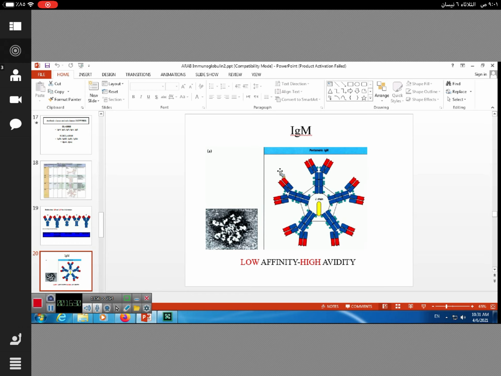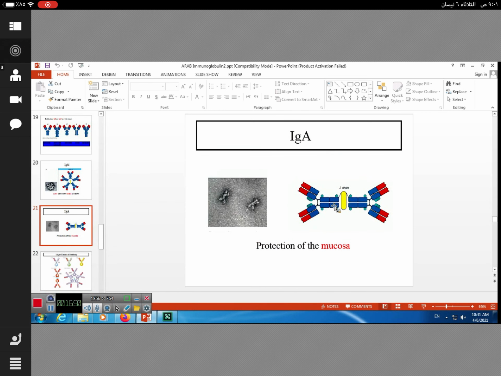So, affinity is one antigen binding site, and avidity is all 10 antigen binding sites. The connection power is avidity. The main feature of IgA is protection of mucus.